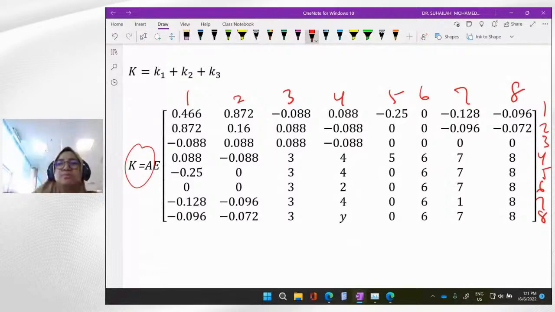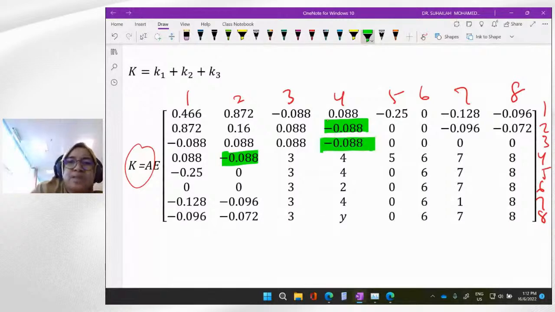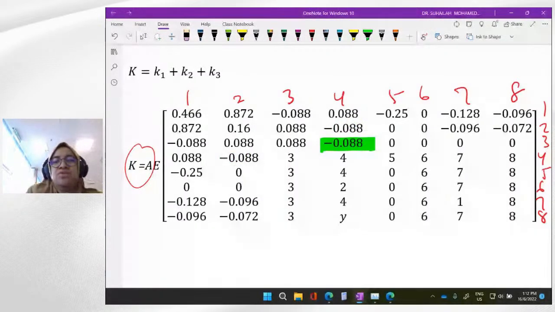32. Okay, 32 is 0.088. 23 is 0.088. Okay, same. Okay, 24. 24 is negative 0.088. 42 is negative 0.088. Okay, this one. 34. 34 is negative 0.088. 43 also negative 0.088.